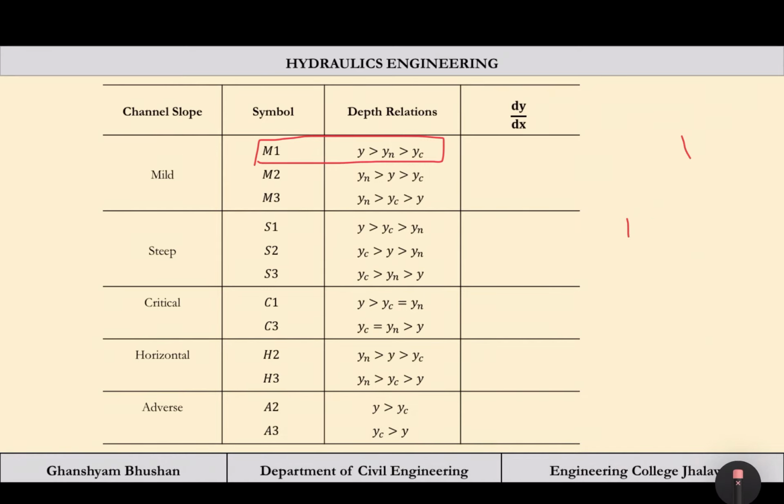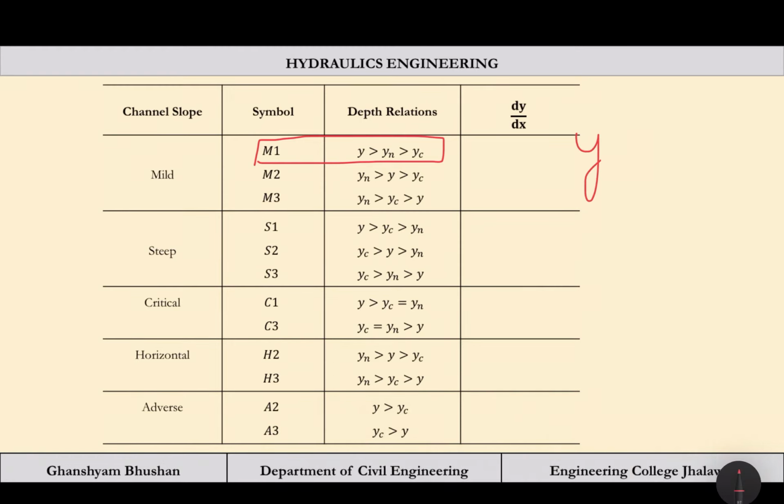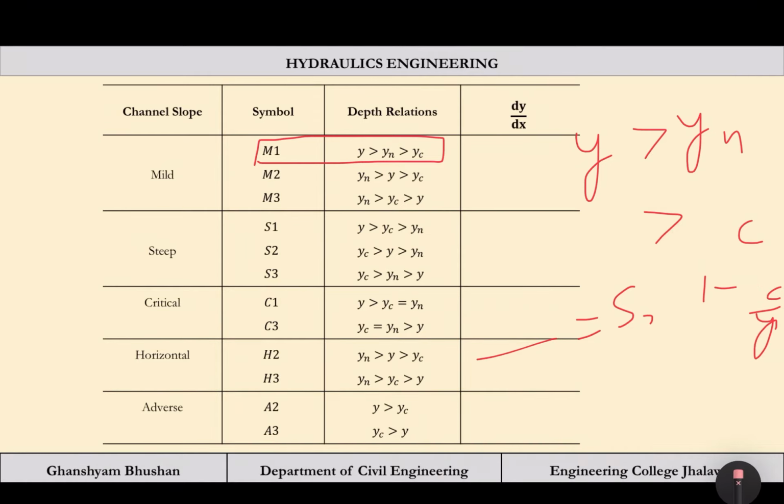So for M1, what is the relationship? Y is greater than yn, and also y is greater than yc. So dy by dx is equal to S naught times 1 minus, this was yn by y.